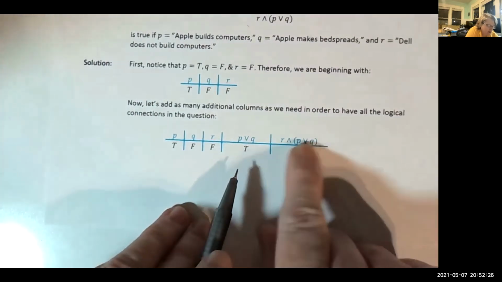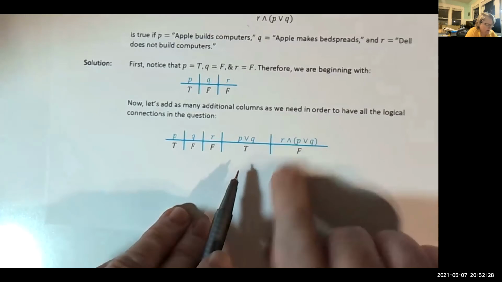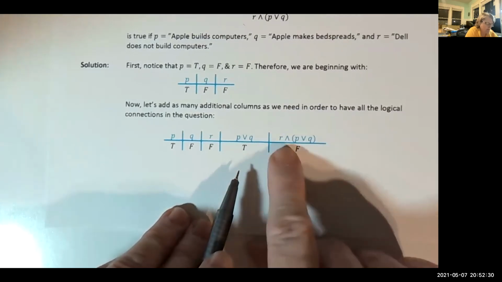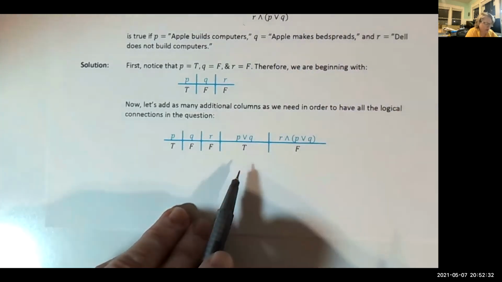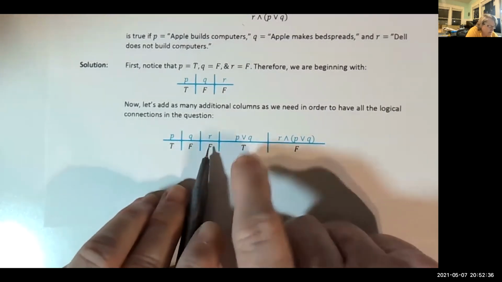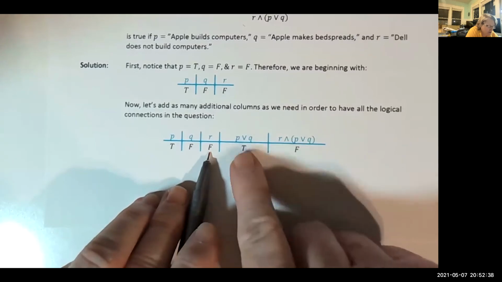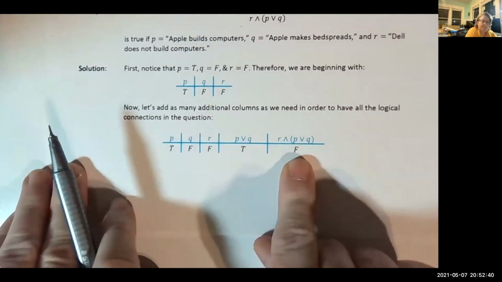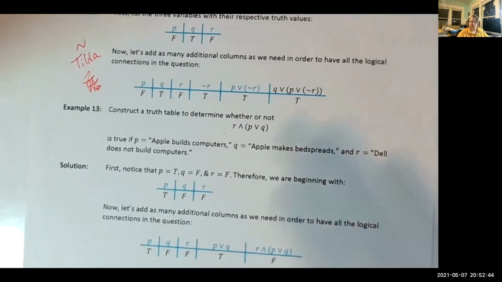Remember with and, both things have to be true in order for the outcome to be true. Otherwise, the outcome is false. Well, this time we're anding false and true. So the outcome is false. And let's see what that looks like on Connect Math.